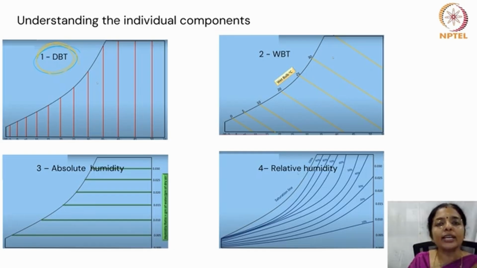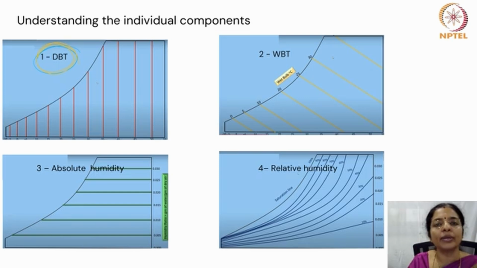It is the most commonly used temperature measure and is crucial in determining comfort levels in the built environment as well as in heating, ventilation, air conditioning design and performance analysis.